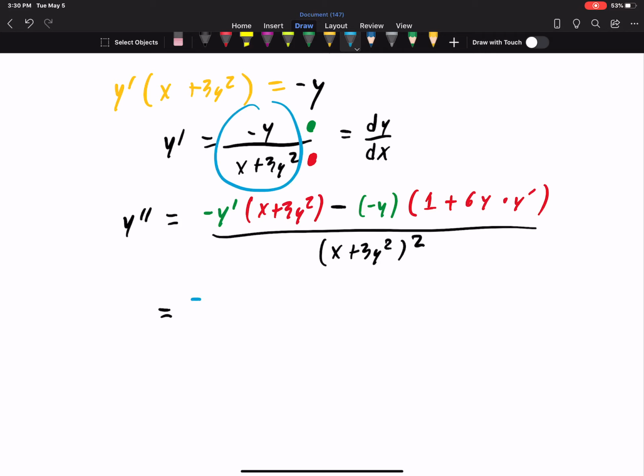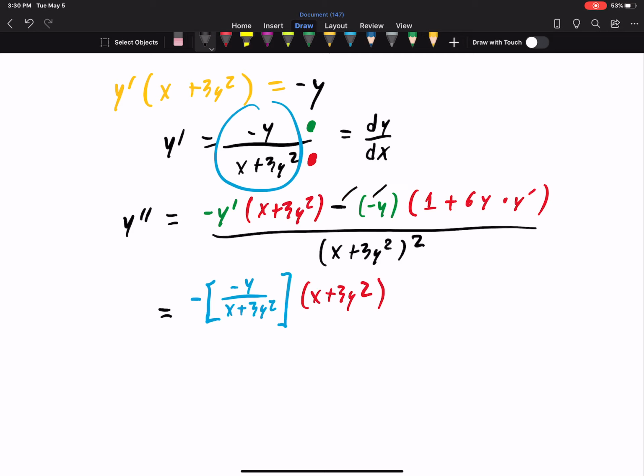So we have minus. I like to keep big things in boxes. Replace that one with that. Then we have x plus 3y squared. And then we have minus, well, we have this minus y.